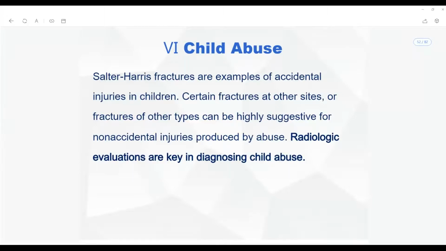It is called the BBS, which stands for battered baby syndrome, or you can also call it SBS, which stands for shaken baby syndrome. There are two types of syndromes which also happen in children.